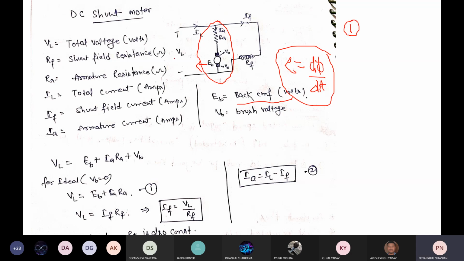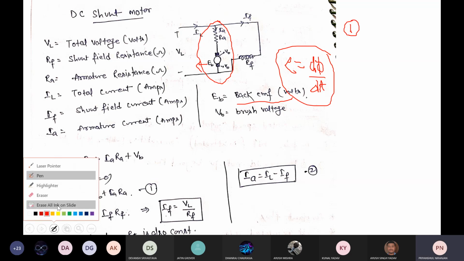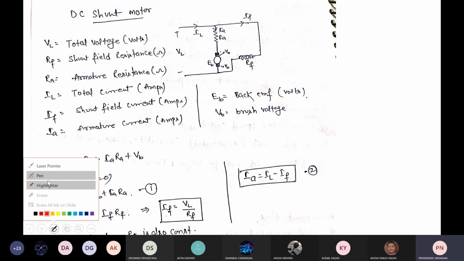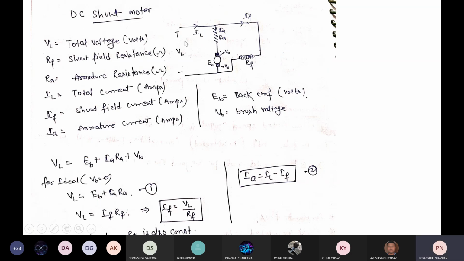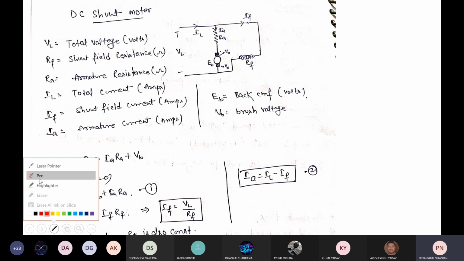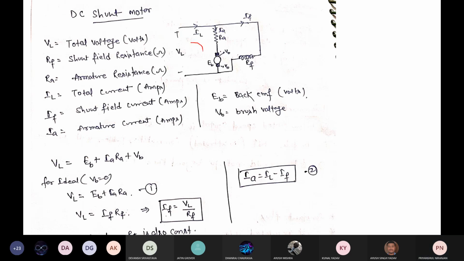Anyone apply, wait a second. Okay, so my first question for you guys: apply KVL between the armature terminal voltage and armature current, and find out the VL voltage in terms of EB.